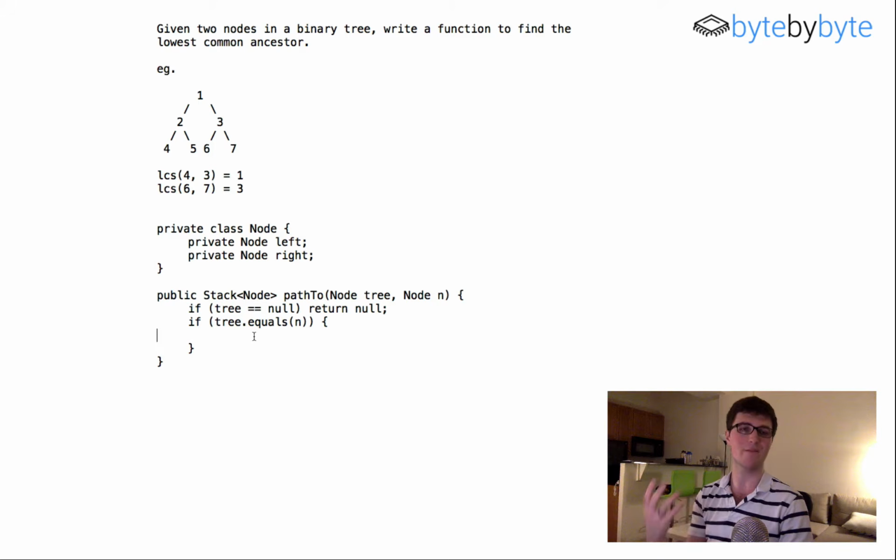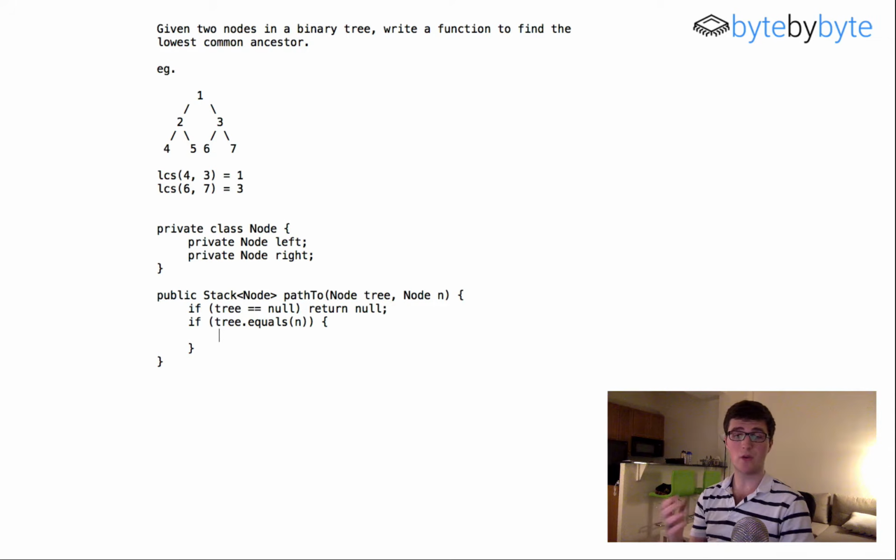So we're not comparing them by value or by something else. I'm going to assume that we're searching for the exact same node object. But this is a conversation that's worth having with your interviewer, to let them know that you're thinking about these important things to be concerned about when you're writing production level code. So it's a good thing to think about. But in this case, it's going to be fine the way it is.